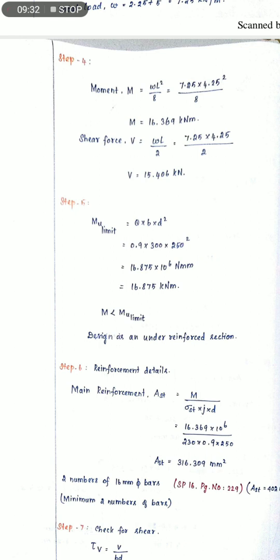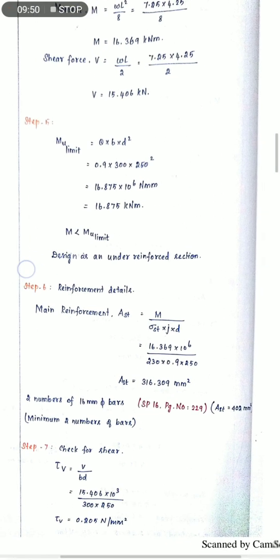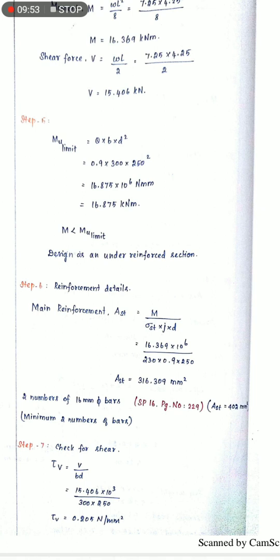In order to find the main reinforcement, the formula to be used is m divided by sigma st into j into d. Apply those values and get the required AST, that is 316.309 mm square. According to the beam, we provide the detailing in terms of number and diameter of bars.